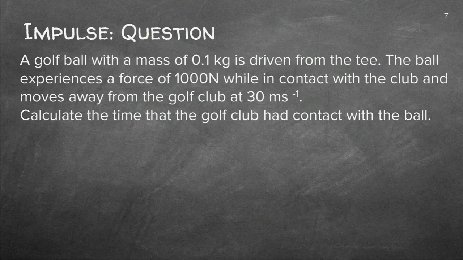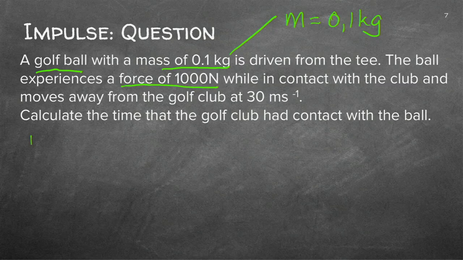A question. A golf ball with a mass of 0.1 kilogram. I usually write down on my piece of paper, what are they giving me? Which information am I going to use? The ball experiences a force of 1,000 newtons while in contact with the club, that's the hit.